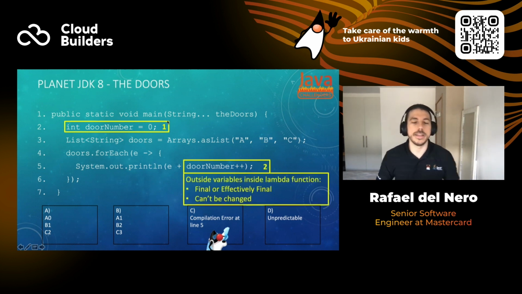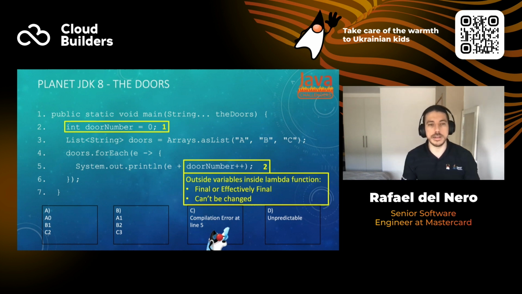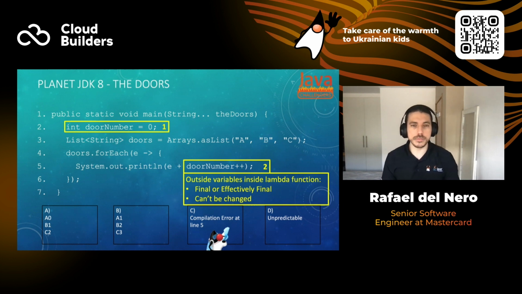So exactly. When you are using an external variable inside the lambda expression, those variables must be final or effectively final. So what is an effectively final variable? It's a variable that is not changed. If you have a final or an effectively final variable, you are okay to use it inside a lambda expression.